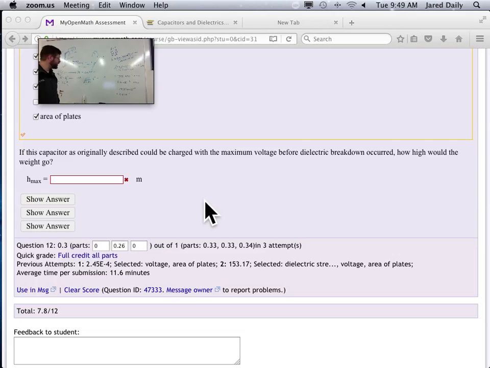Yeah, to get that last part, you're going to use the same formula, except when you plug in your V and square it, you're going to plug in your maximum V that you calculated from E equals V over D, where E is your dielectric strength. It's essentially the maximum electric field that your dielectric can handle without arcing, without getting some kind of short. Charge leakage. Actually, call it leakage current.